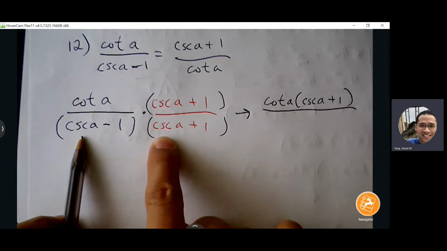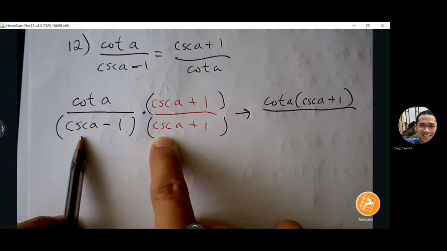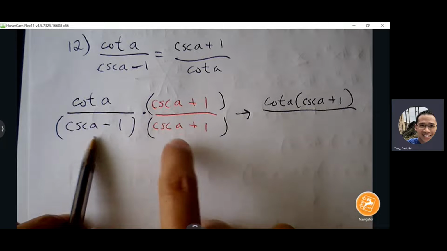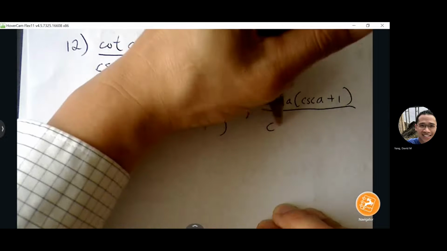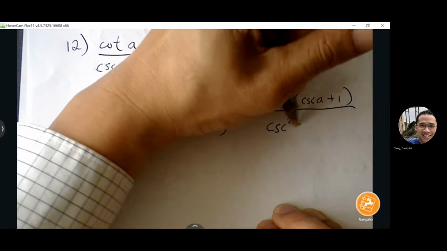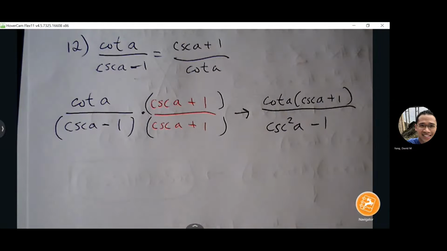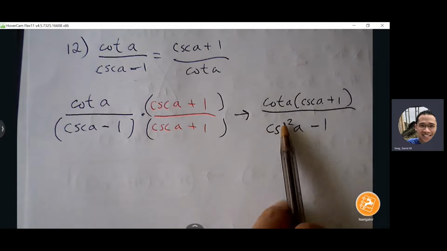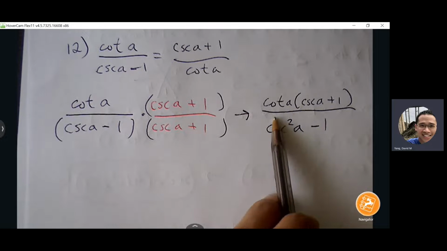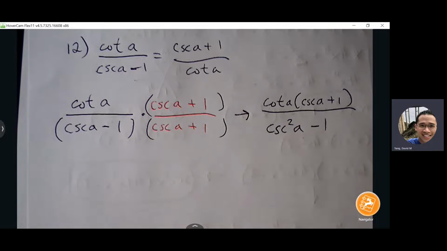Okay. What does the bottom turn into here? Yeah, cosecant squared minus 1. Now, if I FOIL everything out, you're going to get the middle terms to drop out. So that's why there's only 2 terms left. And do we have an identity now to play with? Yeah, cosecant squared minus 1 is equal to cotangent squared.